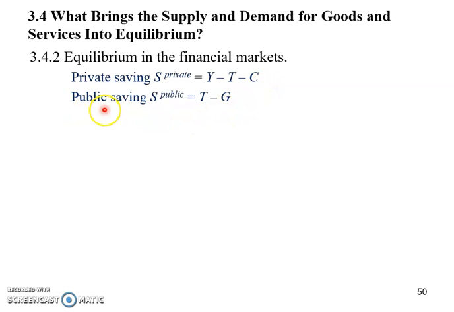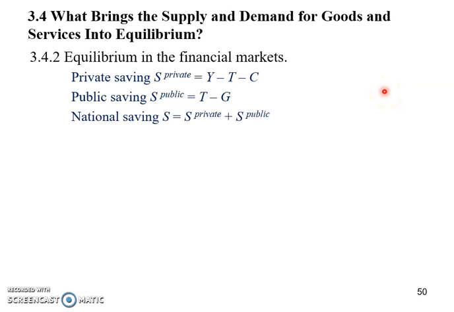And for the public sector, the government, S public equals their revenue minus their spending or purchases, T minus G, right? As we said before, if this is greater than 0, that's public saving. If it's less than 0, in other words, government spending exceeds its tax revenue, then it's public debt instead, right? If they're equal, so the difference is 0, the government is running a balanced budget, all right?